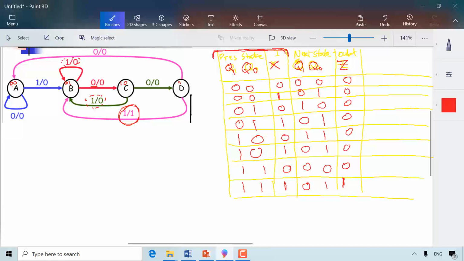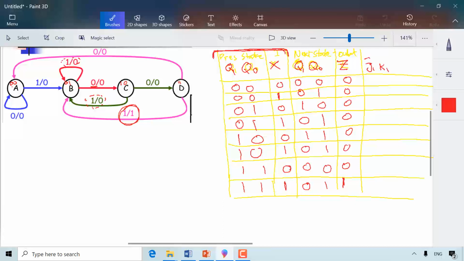Now the question is, what do I need to do next? What we need to do next is compute. Remember, I need to design flip-flops and I need to understand the input equations of the flip-flops. Now I have two flip-flops, and in my design I'm going to assume I will use JK flip-flops. So for Q1, I'm going to have inputs J1 and K1.